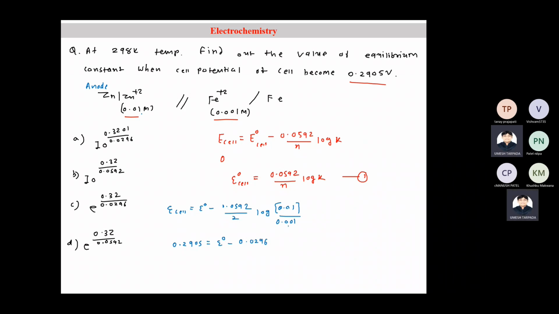This 0.01 cancels. The 0.1 goes to the denominator; 0.1 means 10 raised to minus 1, and going up it becomes plus 1. So it becomes log 10, and log 10 becomes 1.